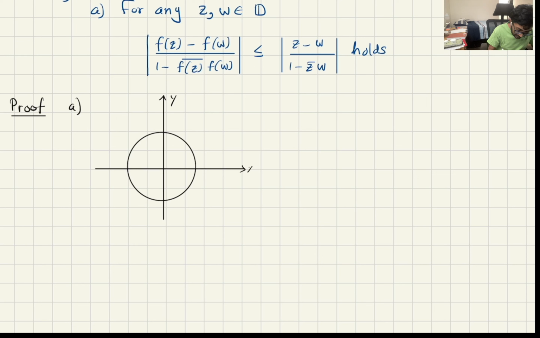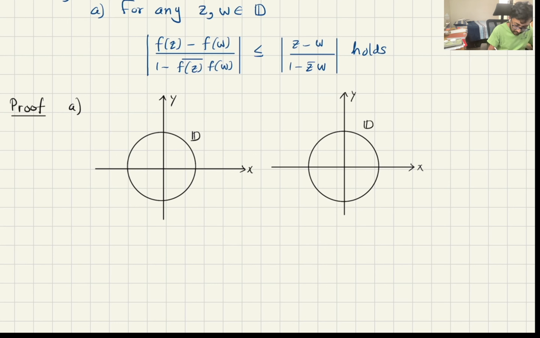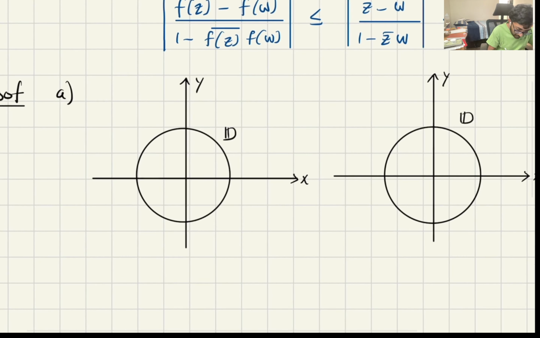This is my y-axis, this is my x-axis, and this is the unit disk. And I have my two complex numbers, z and w.